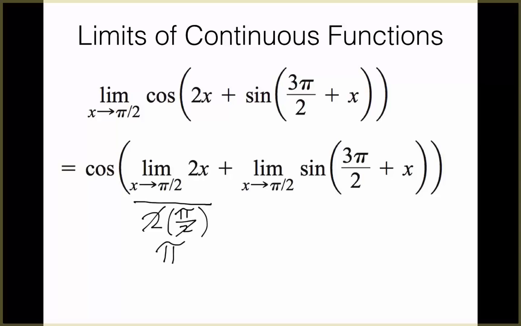Again, I can use the fact that sine is continuous to pull the limit inside the sine function. So I could obtain the sine of the limit of the inside function. And again, I'd have a polynomial, and I could just plug in pi over 2 for x on the inside to evaluate that limit.